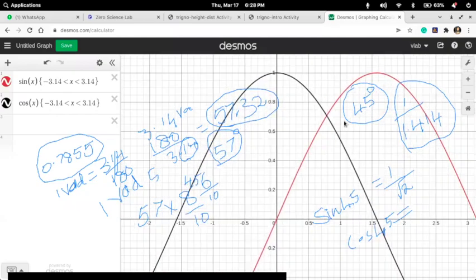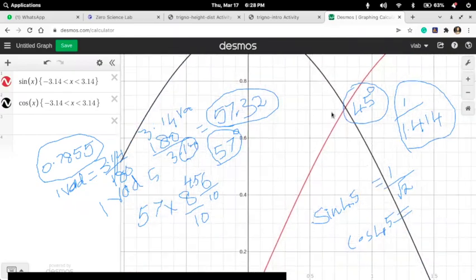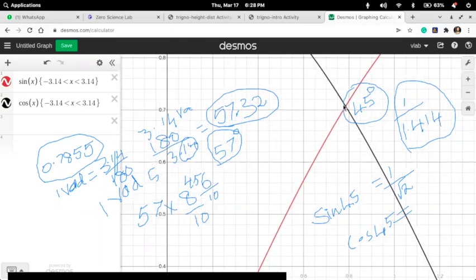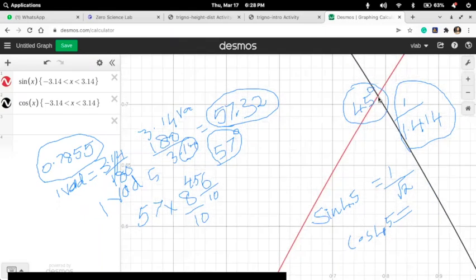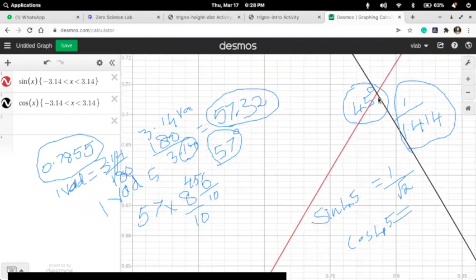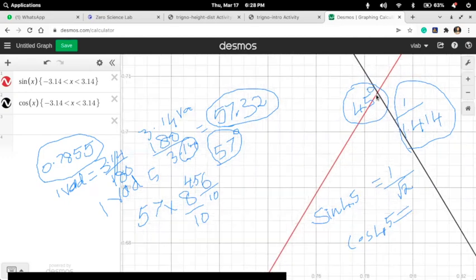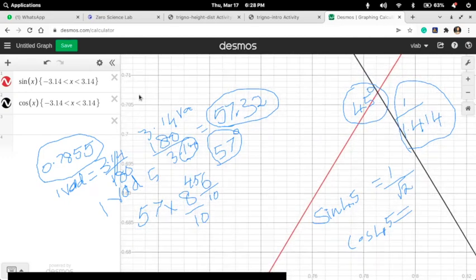Now you can see from this 0.7, right? Yes, sir. Look at this value 0.71, right? That's not exact. Okay. This is the value 0.7, because we approximated a bit.